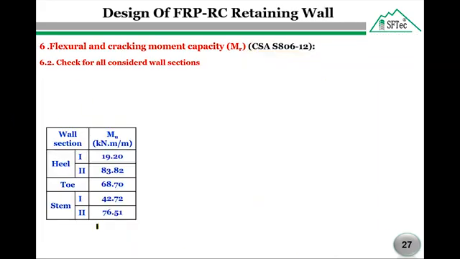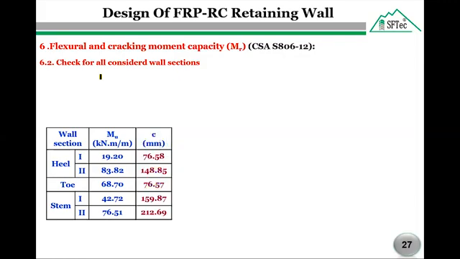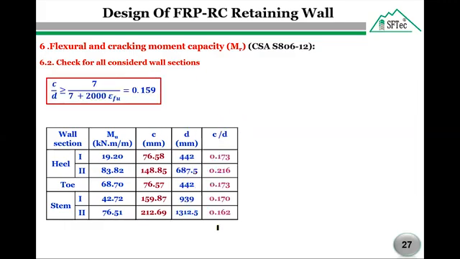Here in this table, we are going to check the flexural moment capacity for all considered sections. First, the neutral axis depth is calculated for each section from equilibrium. Then the C over D value is checked against this value as we calculated it before.